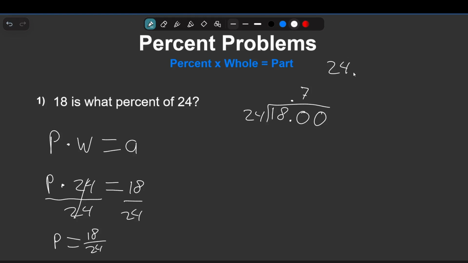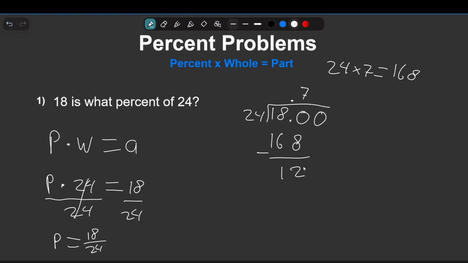Well, 24 times 7 will equal 168. Now we have to subtract these two. So 180 minus 168. We're going to subtract these two, and we will get to a final answer of 12.